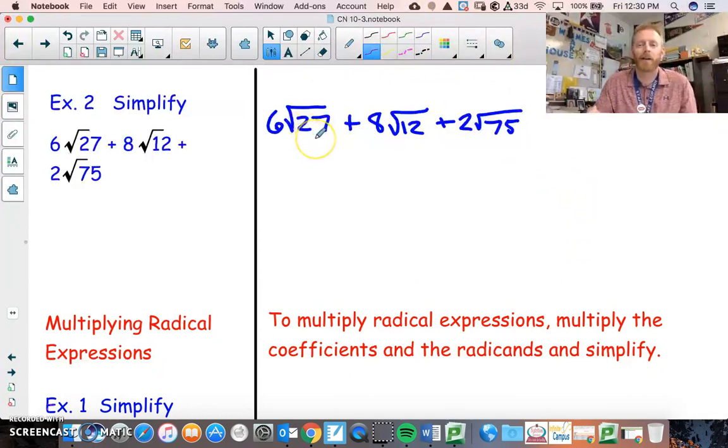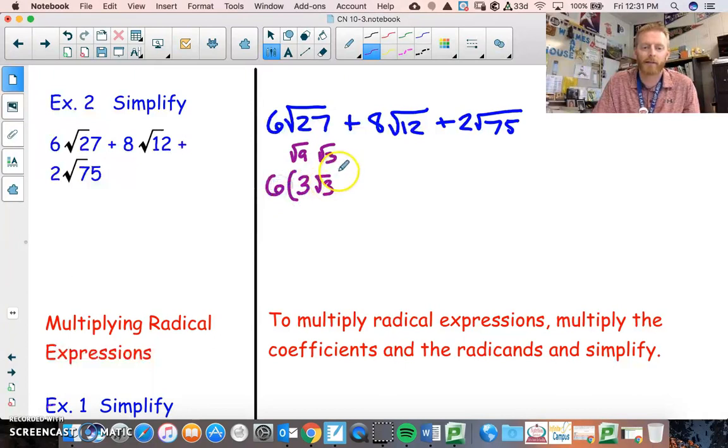So just like what we did on Tuesday this last week, on lesson 10.2, the first day, we're going to break up 27, we're going to break up 12, we're going to break up 75, and simplify them into a more simplified way. So 27 breaks up into a root 9 and a root 3, which turns just that part into a 3 root 3, combined with that 6 that was already out there. So this becomes an 18 root 3.